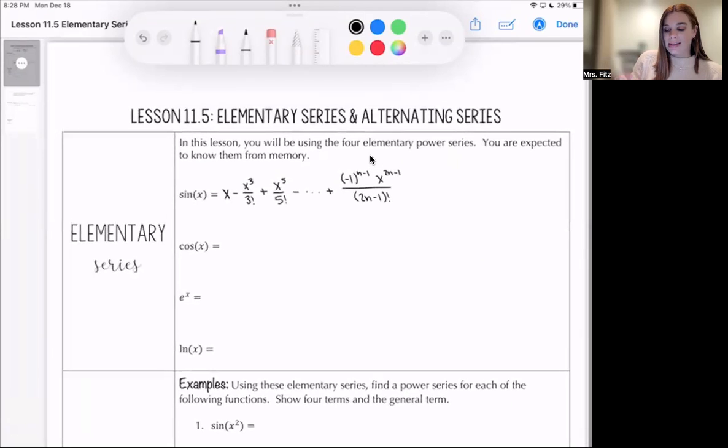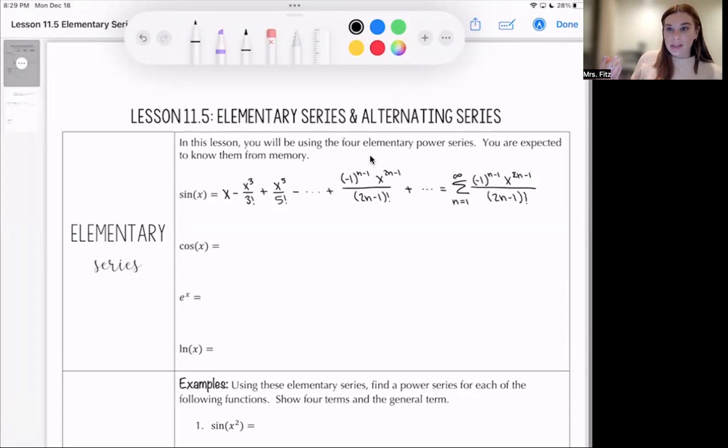And then this is a series, so it would be plus dot dot dot. And so think about the fact that if we index this at 1, it should generate all of the terms that you want. Okay, and so in sigma notation, this would be the sum from n equals 1 to infinity of -1 to the n minus 1 times x to the 2n minus 1 all over 2n minus 1 factorial.